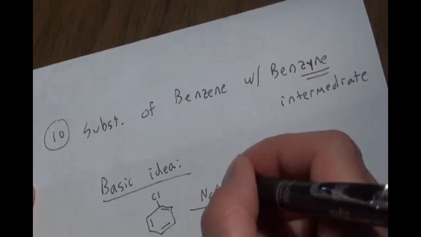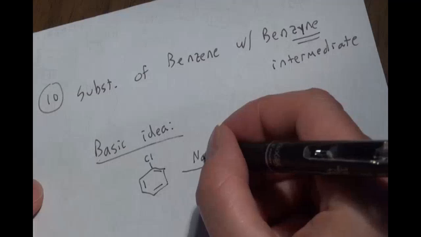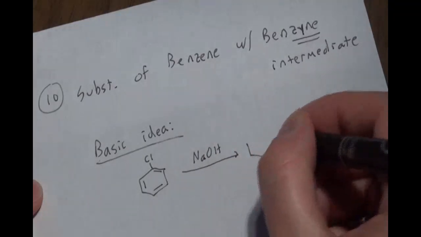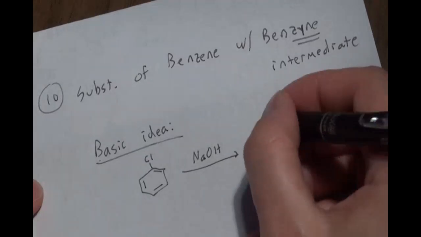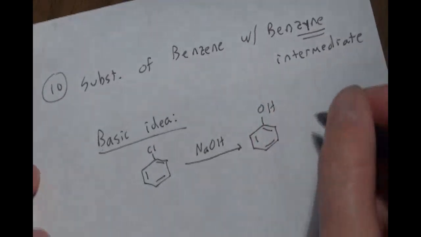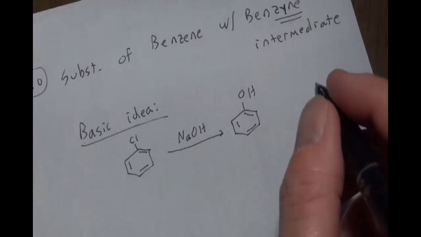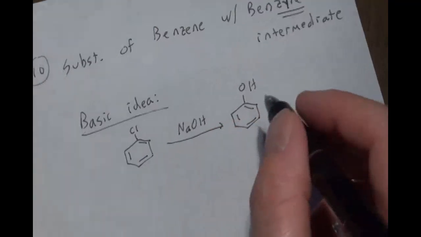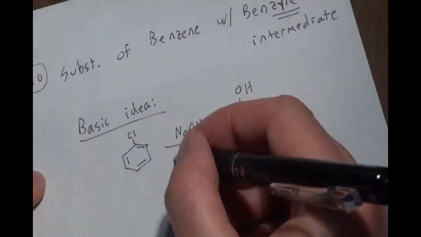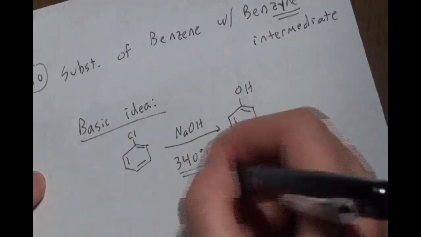We treat chlorobenzene with sodium hydroxide, NaOH. We actually make a phenol. And, well, I should say that that actually does not happen unless you cook this insanely hot to 340 degrees.